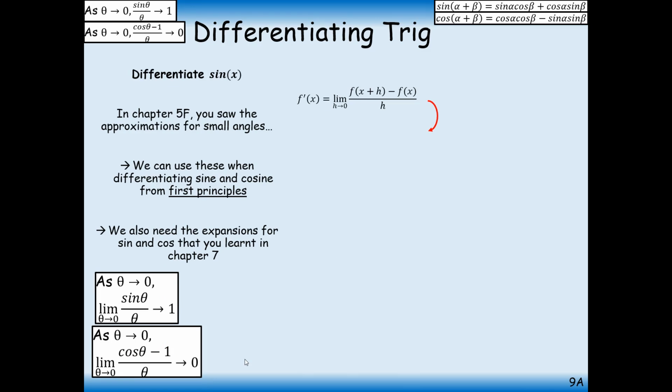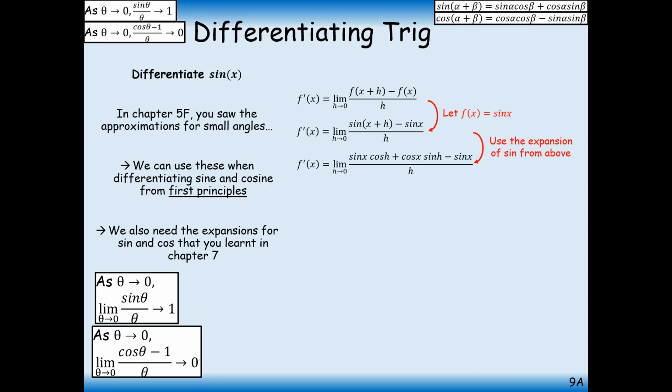All right, so we are going to have a look at why the derivative of sine of x, or sine of theta, is going to be what it is. I don't want to spoil the answer, but it will be another trigonometric function. So let's see. With double angle formulas, we can replace this sine of x plus h with basically sine x cos h plus cos x sine of h.